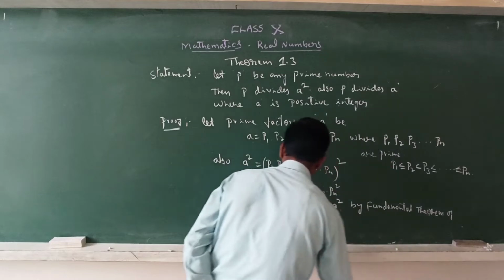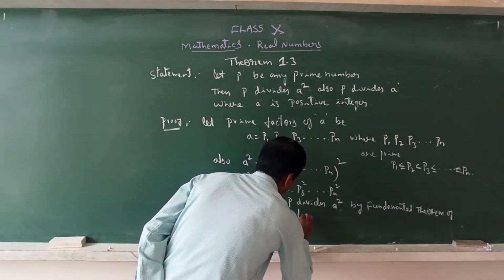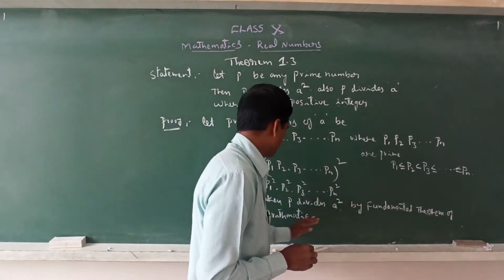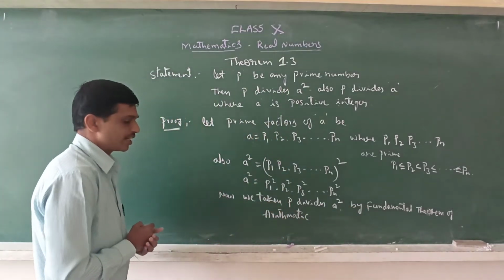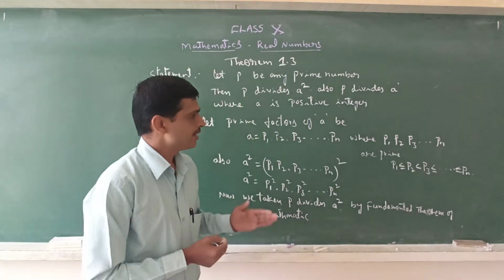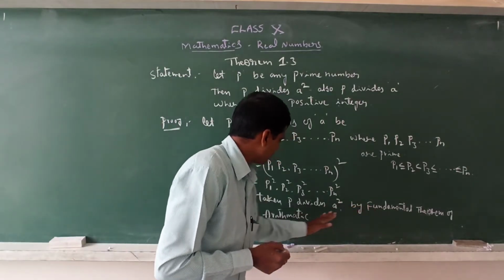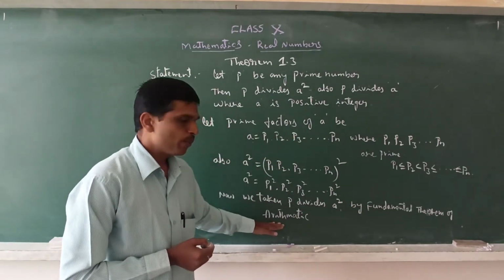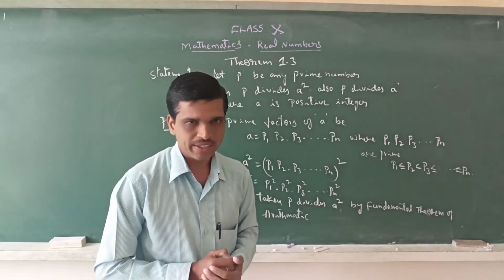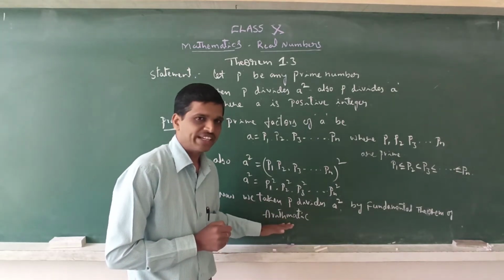Therefore, by the Fundamental Theorem of Arithmetic, we can call it uniqueness. I already told you that the Fundamental Theorem of Arithmetic says a composite number can be expressed in the form of prime factors, in which we need uniqueness.